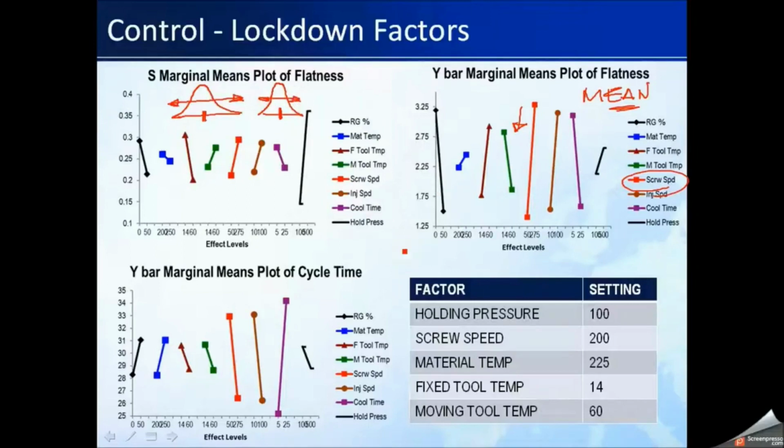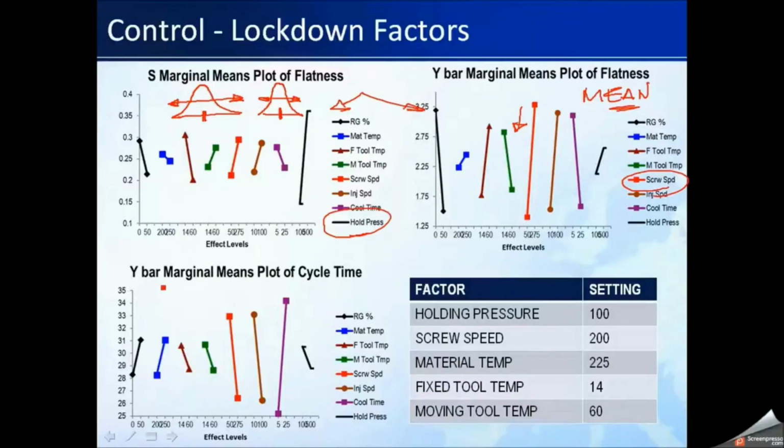Now that is being driven here, look, by the holding pressure for flatness. So immediately we know how to pinch the variability in for flatness. So they're the two diagrams for flatness.